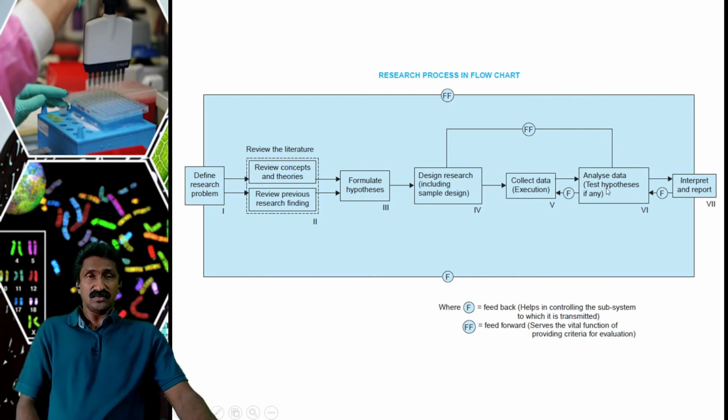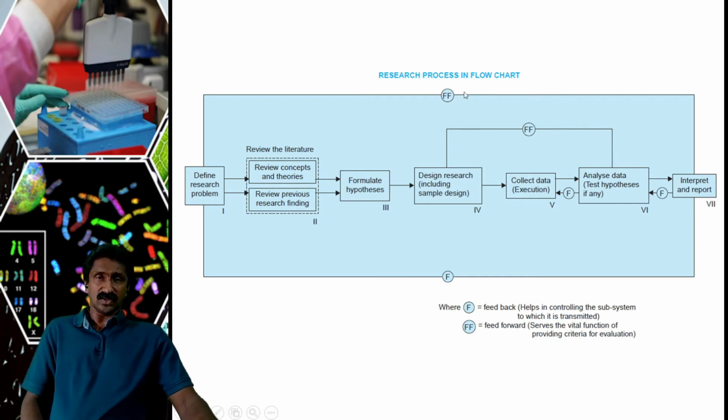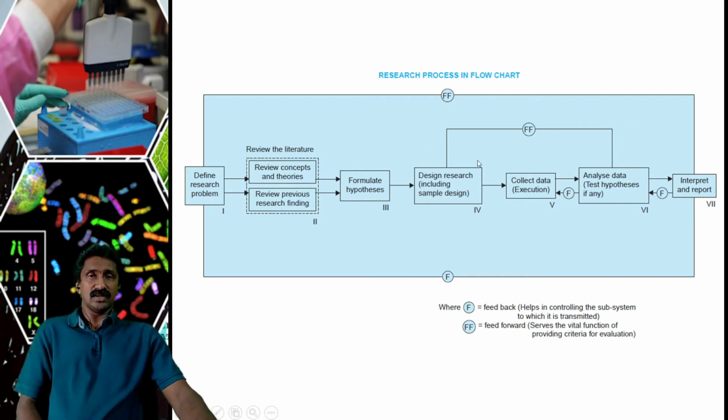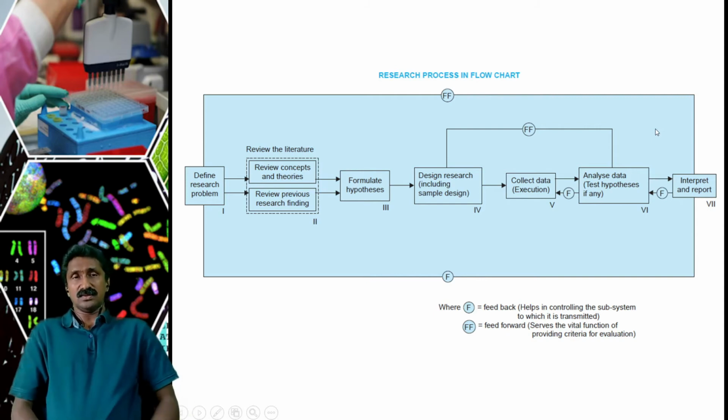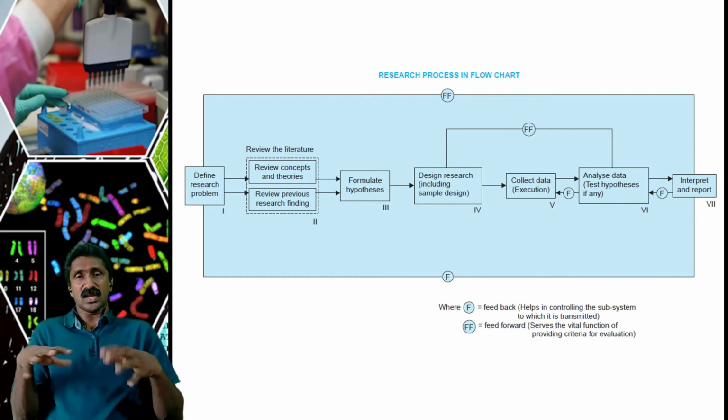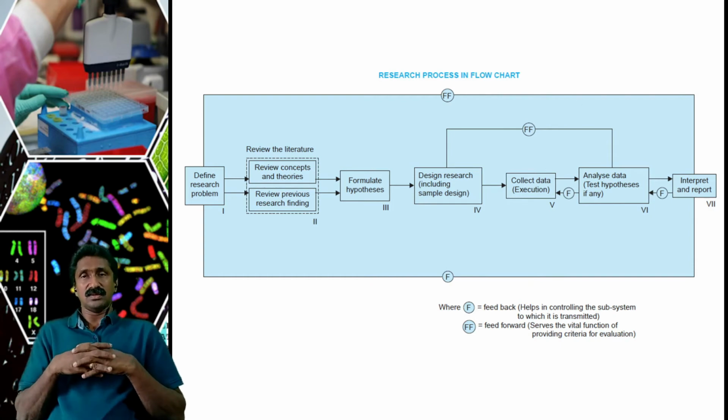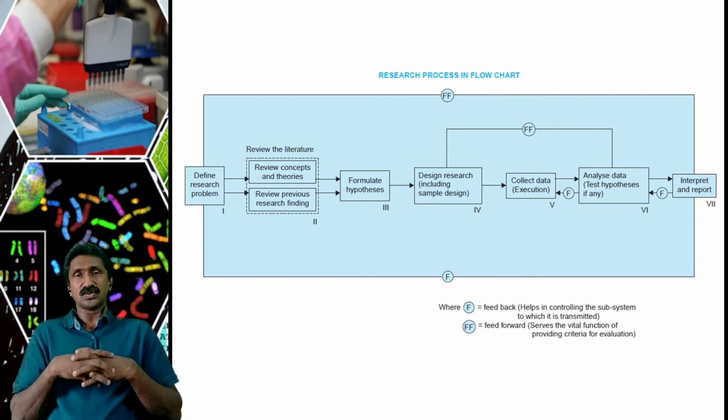If the hypothesis is rejected, you can redesign the experimental part or reformulate the hypothesis, and again go through this additional experimentation. Finally, you can generate your research report based on the final output. These types of processes are used for research process design.